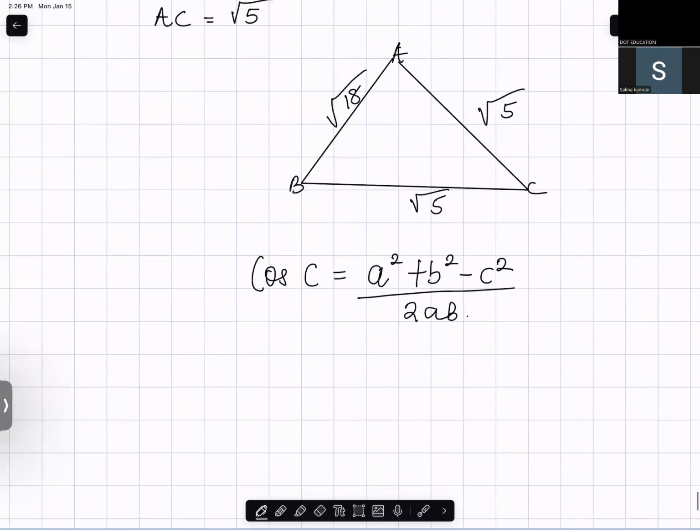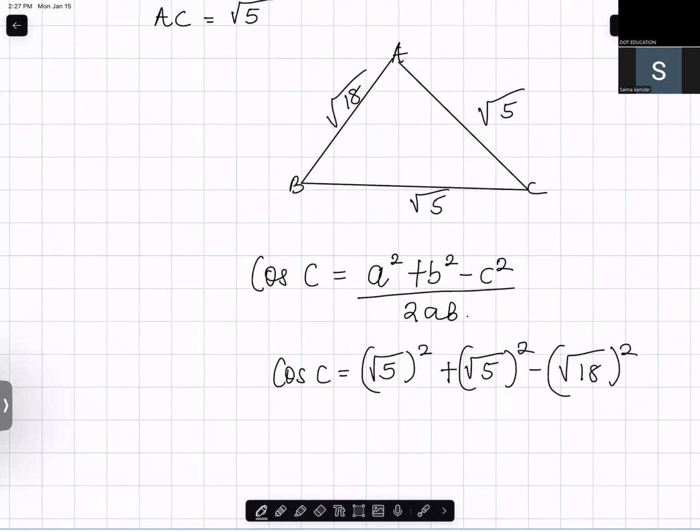So I have cos C as root 5 squared plus root 5 squared minus root 18 squared, divided by 2 multiplied by root 5 multiplied by root 5.